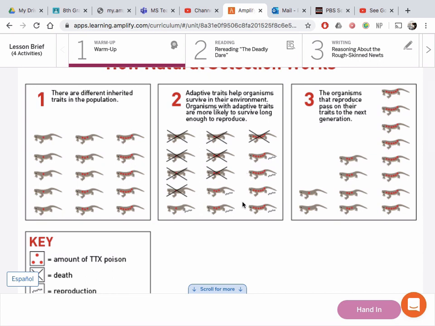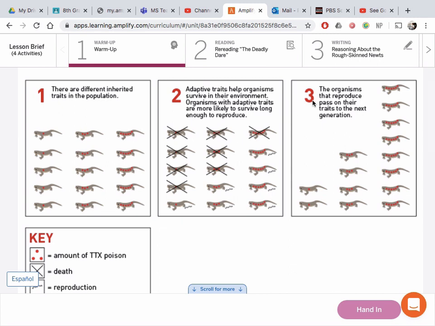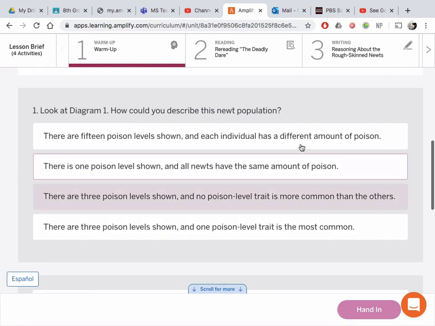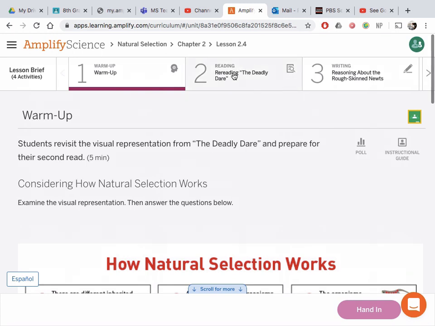The newts with more poison are more likely to survive, and they're more likely to reproduce, and they're more likely to reproduce more. Finally, the organisms that reproduce pass their traits to the next generation. So in the long term, you have newts with more poison. You don't have to answer these questions, just the scientific argument at the end.